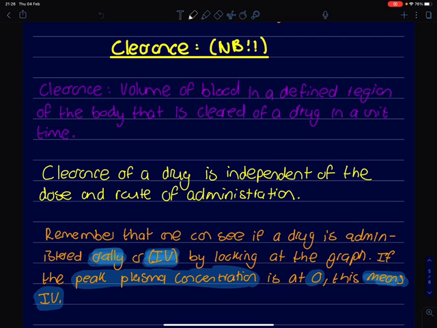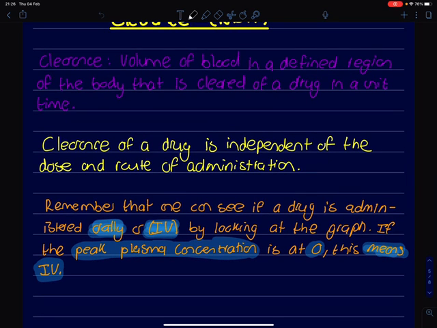It's also important to know that clearance is independent of the dose or the route of administration of the drug. The dose doesn't have an effect on the clearance whatsoever. Once again, clearance is the volume of blood in a defined region that is cleared of the drug per unit of time.